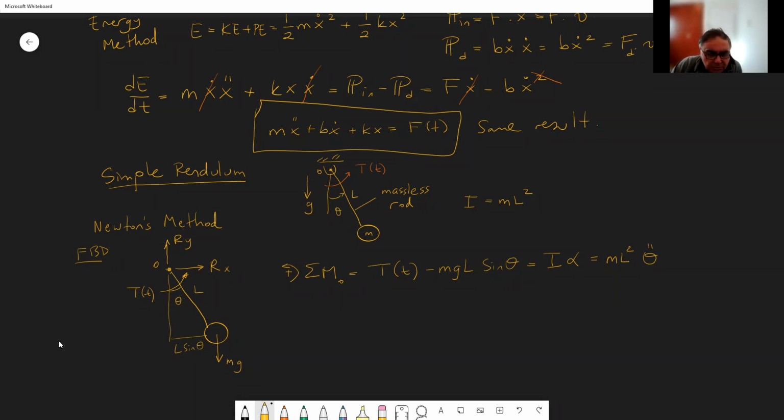So the equation of motion is mL squared theta double dot. Now mgL goes to this side, plus mgL sine theta equals T of t. This is the equation of motion.